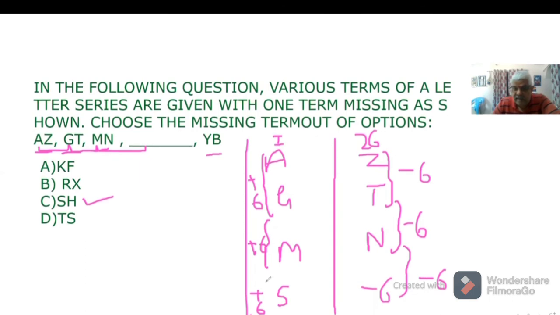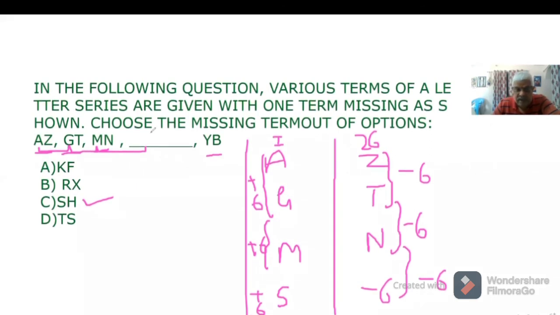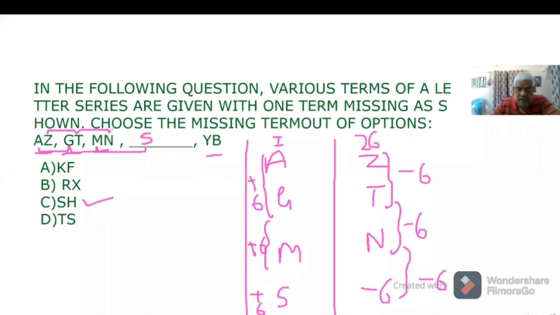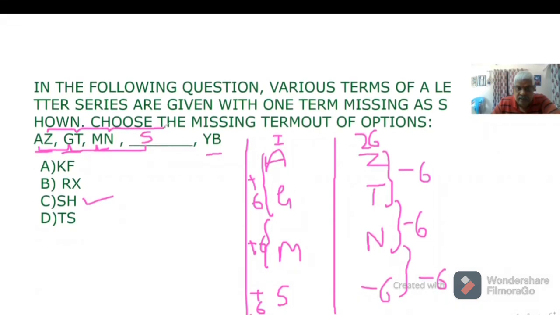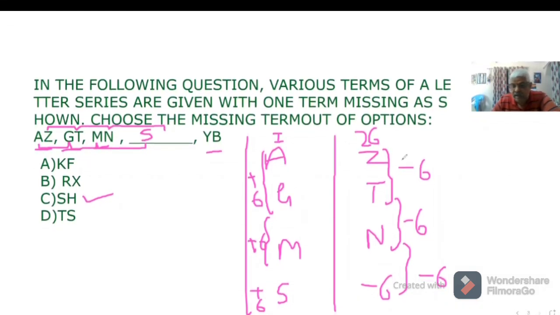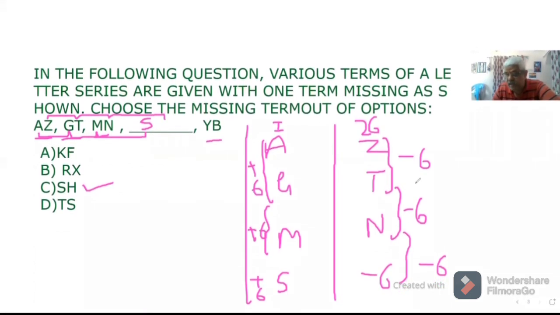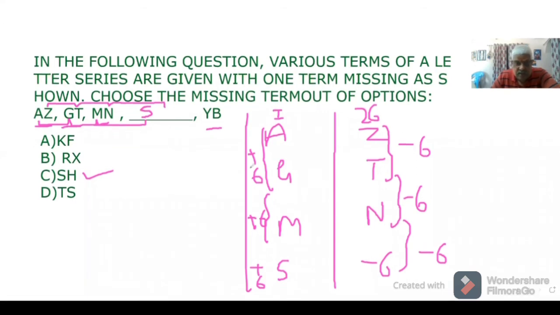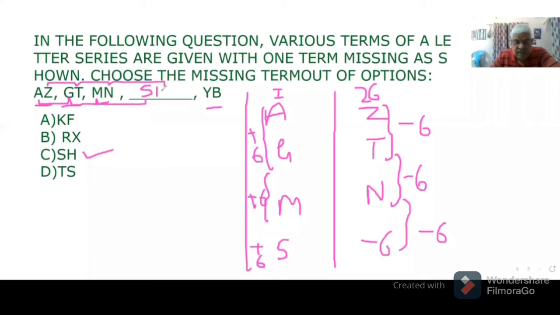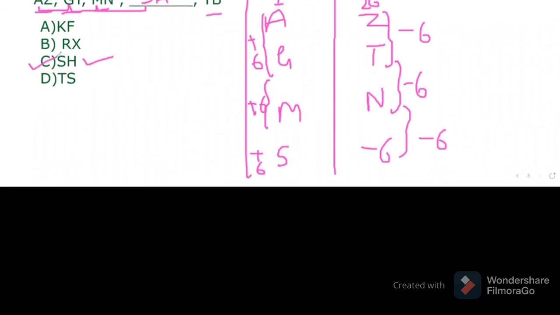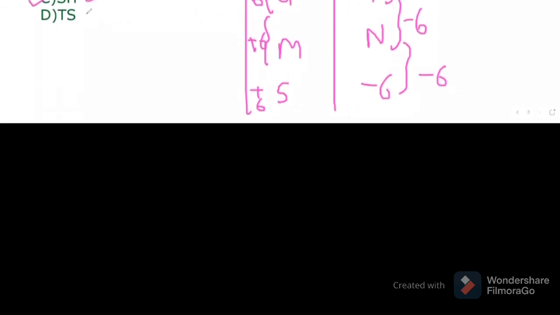So if you add 6 to M, then you are getting S. In the same way, Z to T, next T to N, next N to the next letter. Here what is our identification? 6 is subtracted, so that you are getting H. Hence, your option is C, that is SH is your answer.